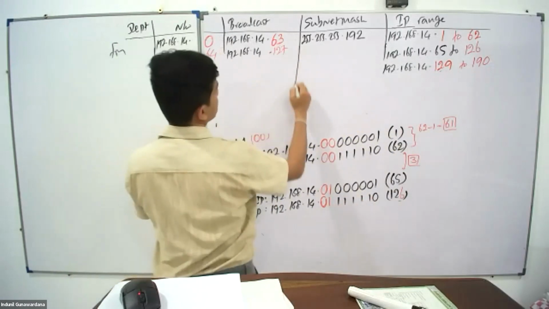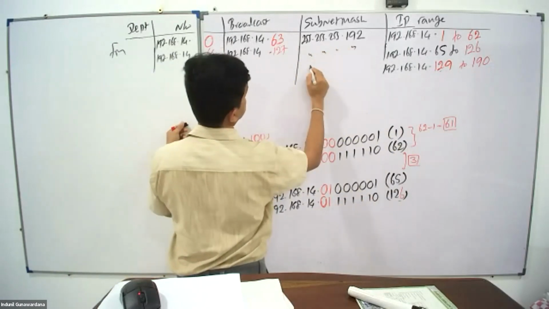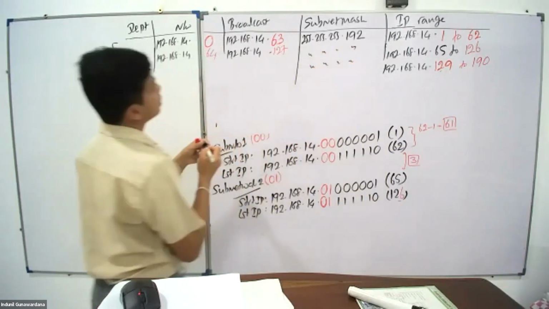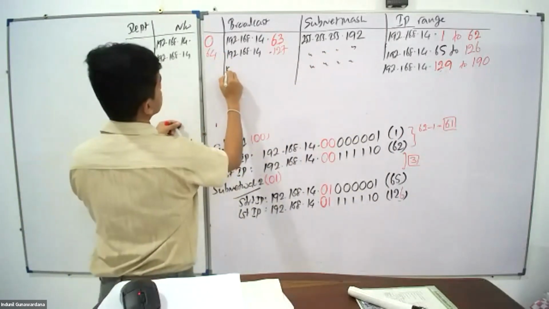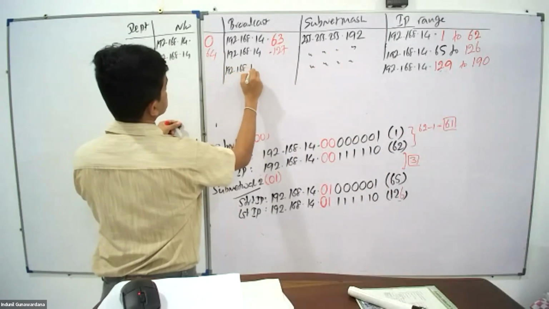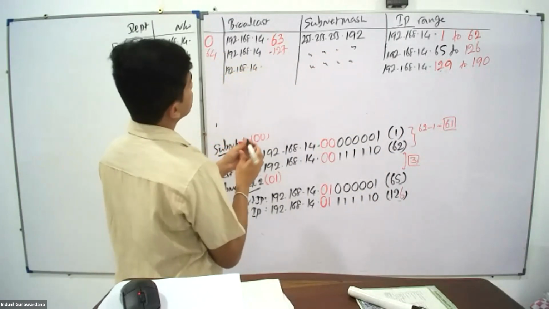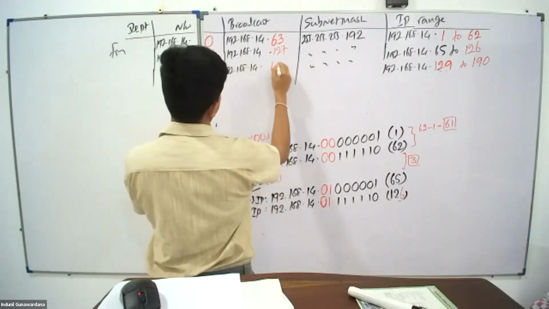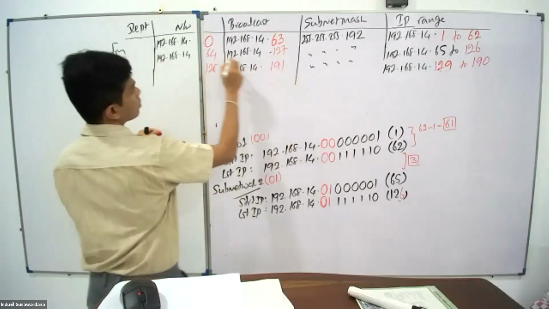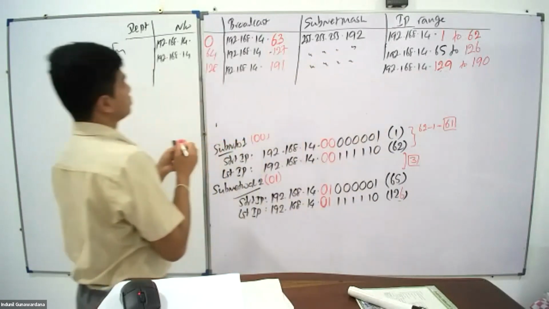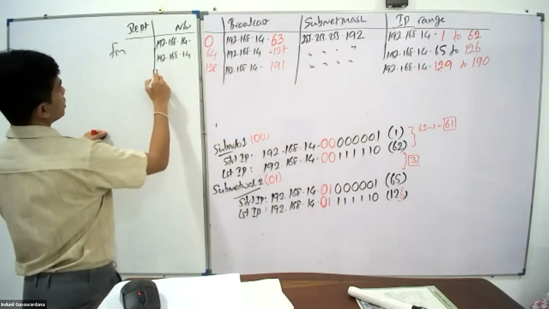Then the subnet mask remains the same, and the broadcast is one more than that, 192.168.14.191. And the network is going to be 128, one less than the start. And the other parts are the same.